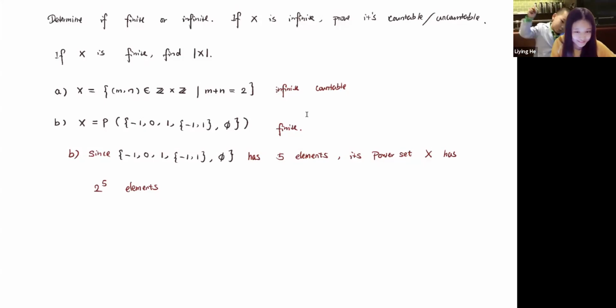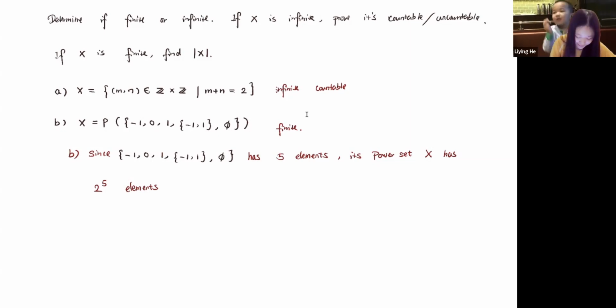One thing I want to mention is when I was marking this question, a lot of students calculated wrong. They got 2 to the power of 5, but the final answer they gave me is actually wrong. So if you don't know what 2 to the power of 5 is, you leave it as 2 to the power of 5.